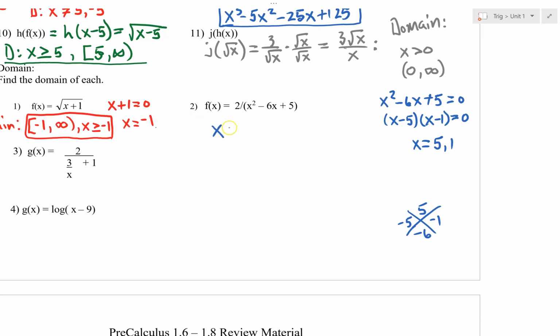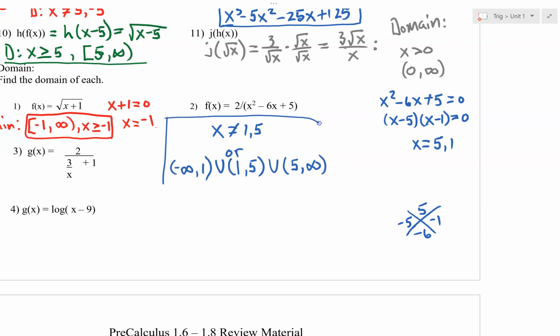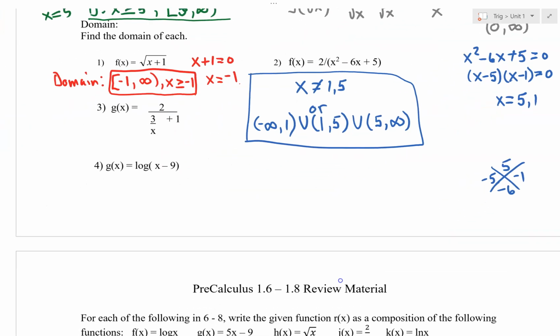Either for our domain, x cannot equal 1 and 5, or in interval notation, everything from negative infinity up to 1, we don't include 1 because it would make a 0, in union with everything from 1 up to 5, we don't include either of those, in union with everything from 5 to infinity. So, two different ways of writing this one, which creates our answer.